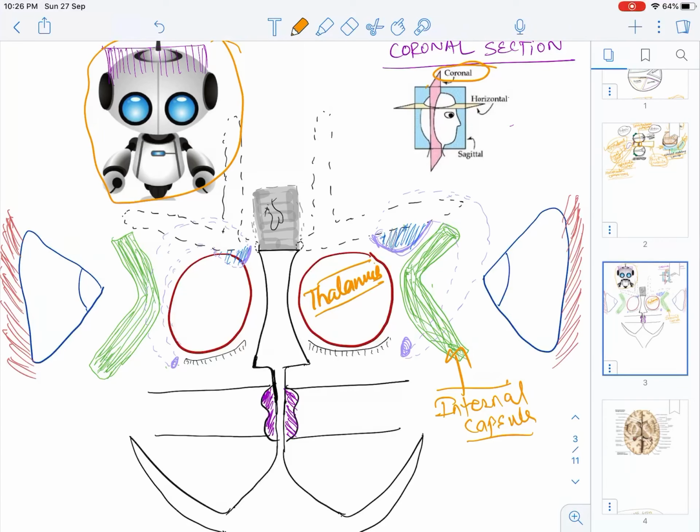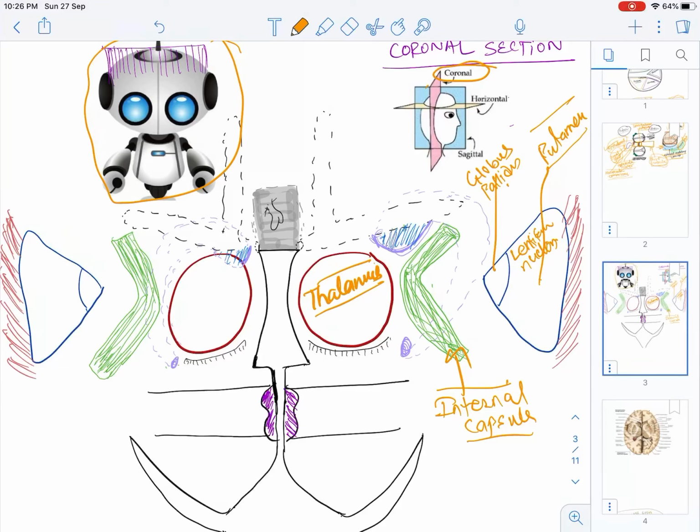Then what is this structure? This is the lentiform nucleus, and it consists of two nuclei. Medially there is the globus pallidus, and laterally there is, what is this structure? The putamen. So there is always confusion about which is medial and which is lateral.